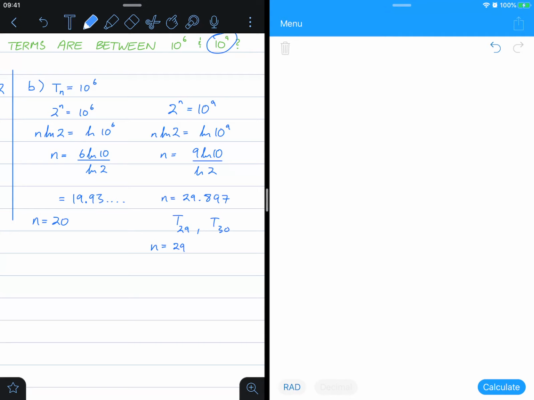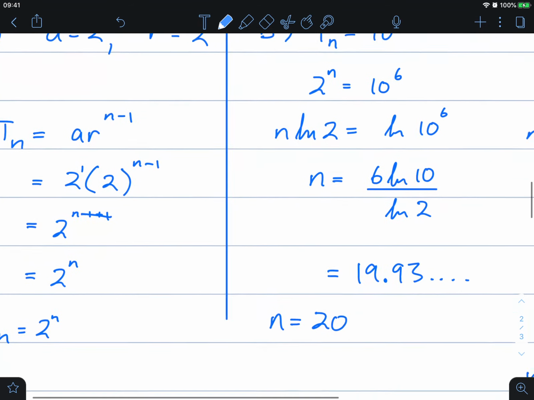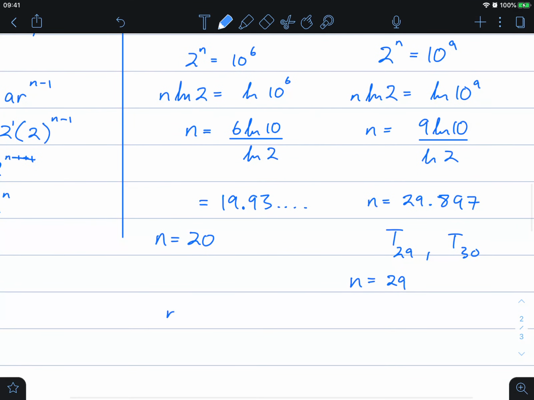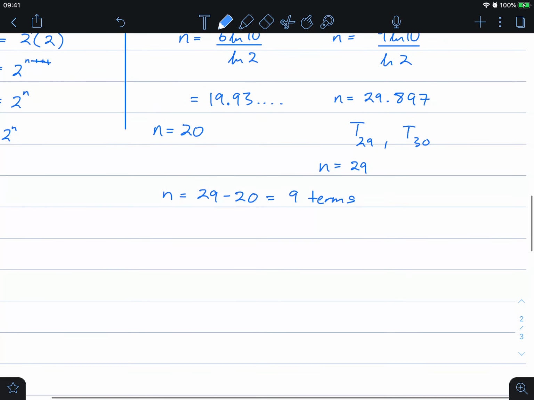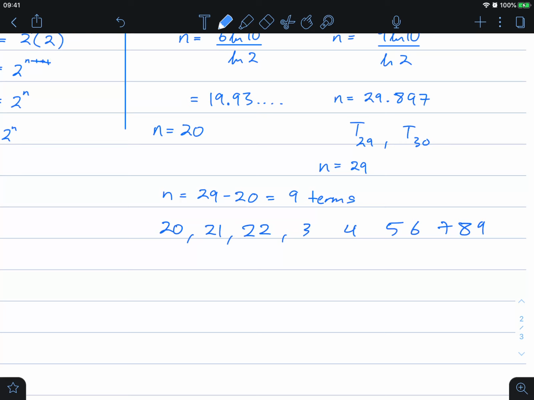Now, once again, here's where it gets even more confusing. Most students would tend to go, number of terms is 29, take away 20. That's 9 terms. But if we count them, 20, 21, 22, 23, 24, 25, 26, 27, 28, 29.